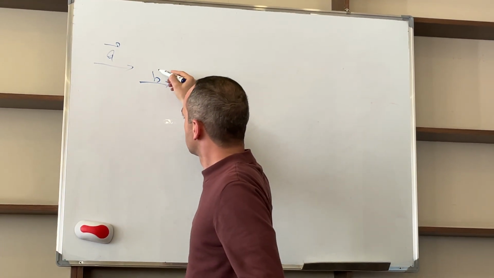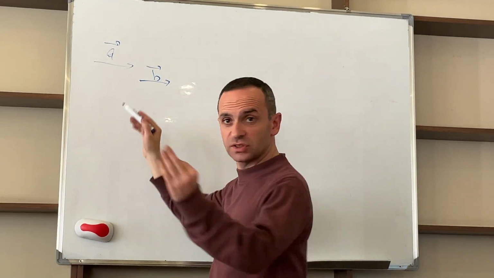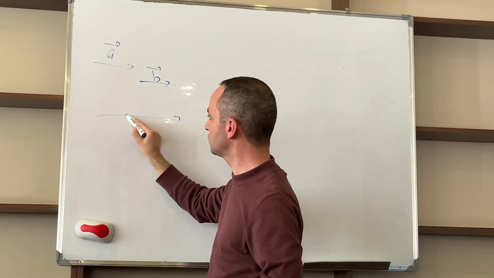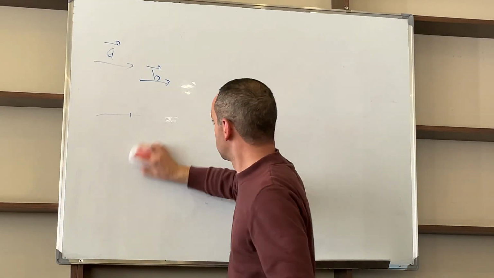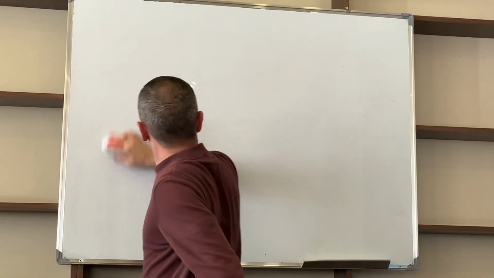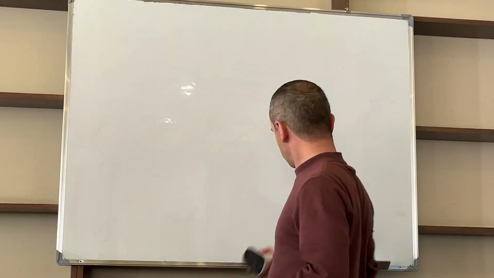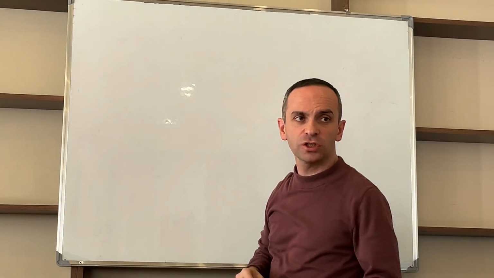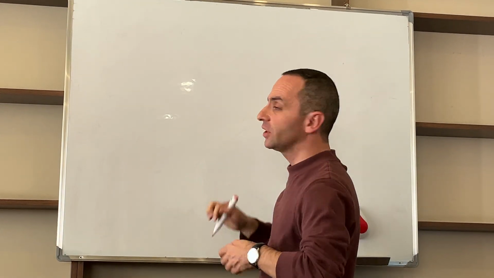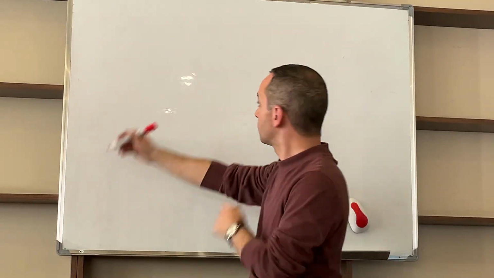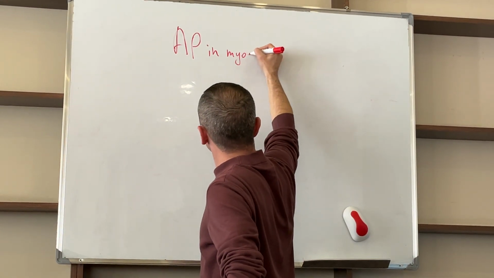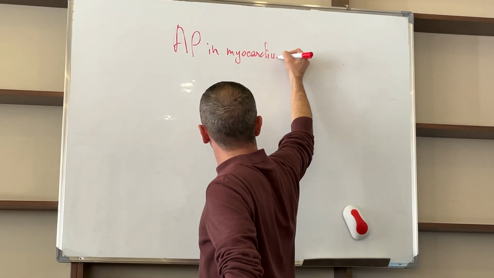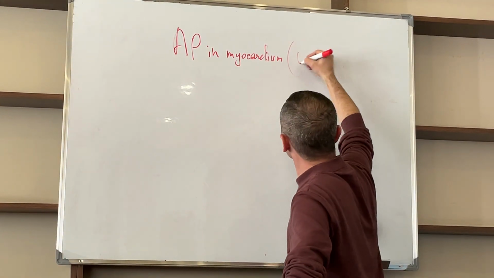We are adding, C is A. Now we'll leave it. Action potential in myocardium already, which on ECG means QRS formation.